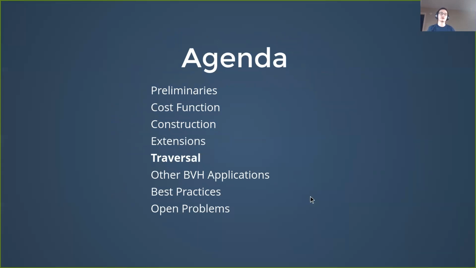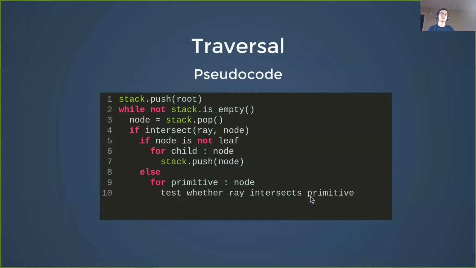Now let's talk about traversal. The pseudocode for BVH traversal is like this.